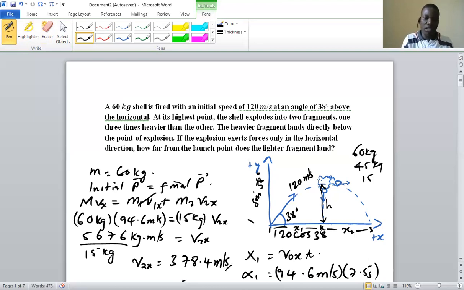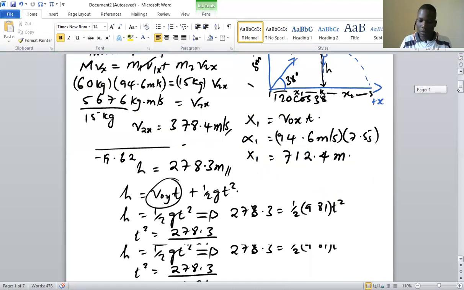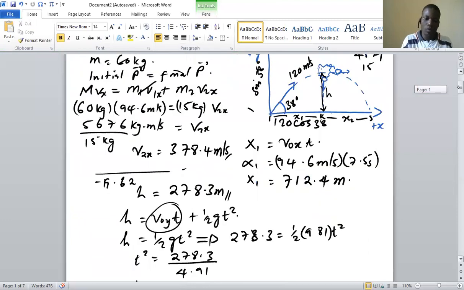So from this speed now, we had already calculated the time. We can use that time now to calculate the distance.